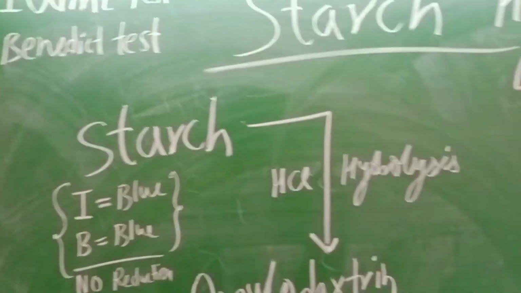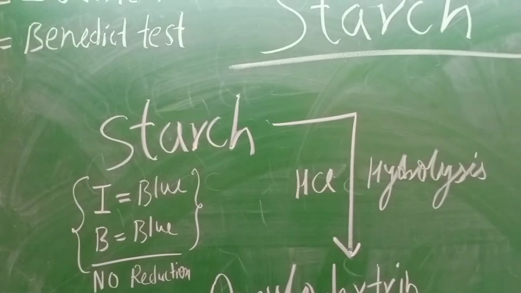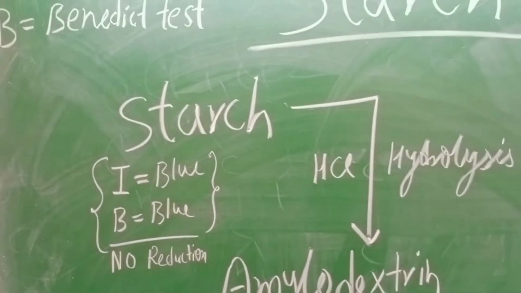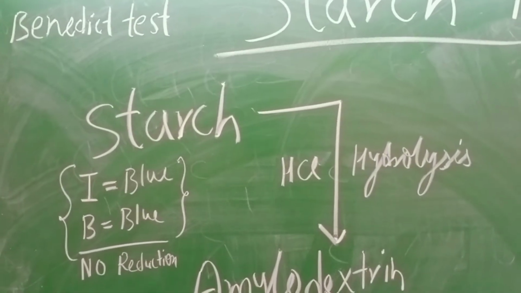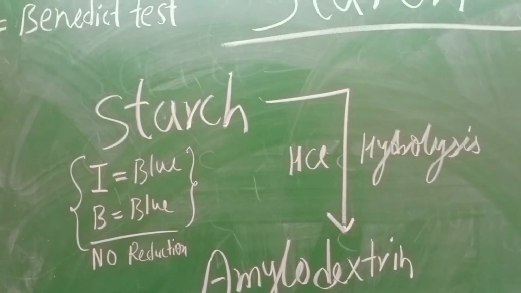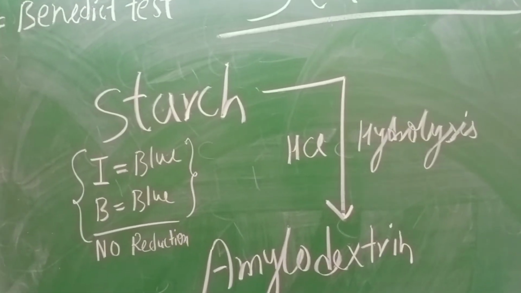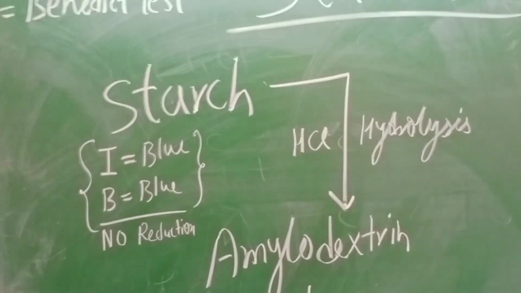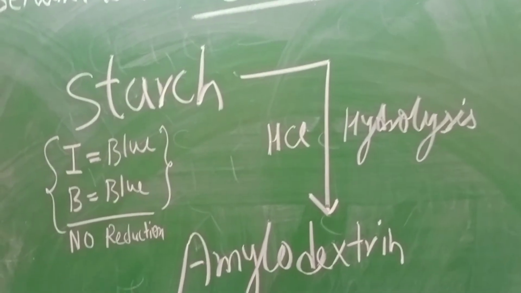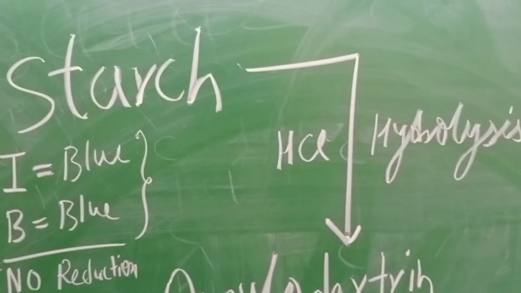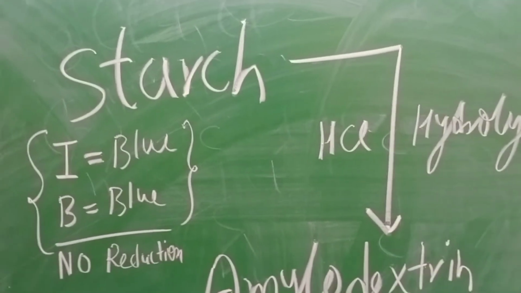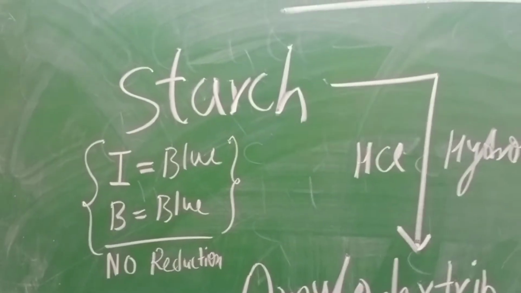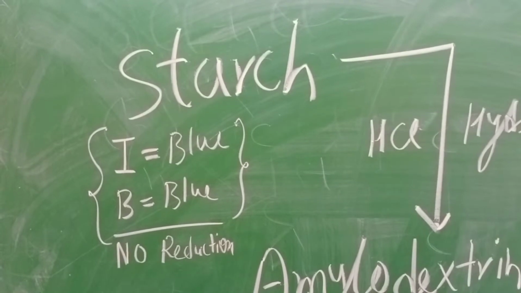So, first, before moving further, I will let you know what starch ultimately means. Starch is nothing but a polysaccharide, and why do we say that starch is a polysaccharide, or a polymer? This is because starch contains a number of monosaccharide molecules which are linked together in a specific pattern in order to yield a molecule of starch.